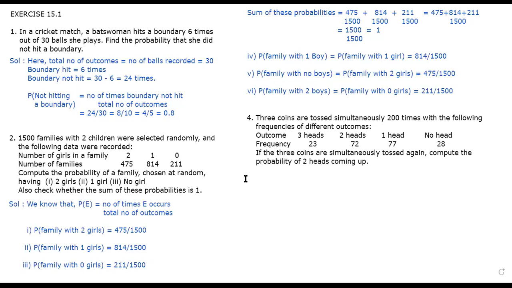First we'll complete this part and then I will ask you the extra questions. You will be answering it, just as we did for the girls case and boys case. So again, in my solution, we are going to write, we know that probability of E is equal to number of times E occurs upon total number of outcomes.